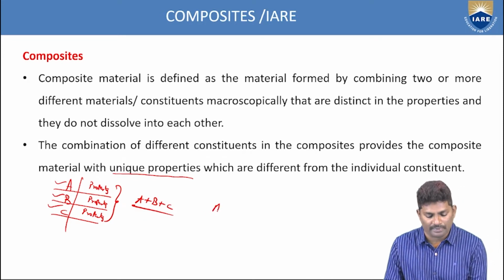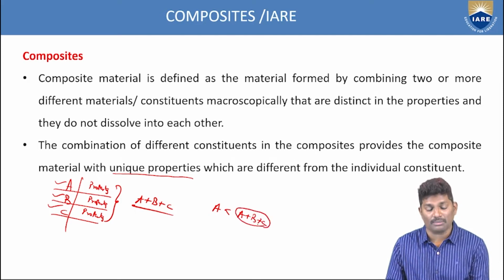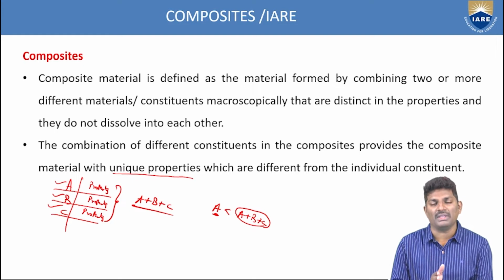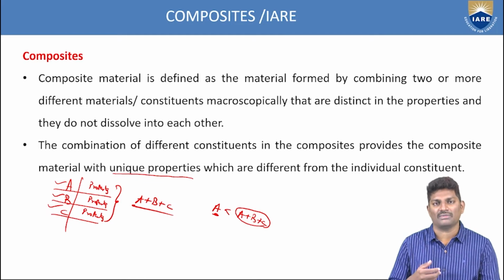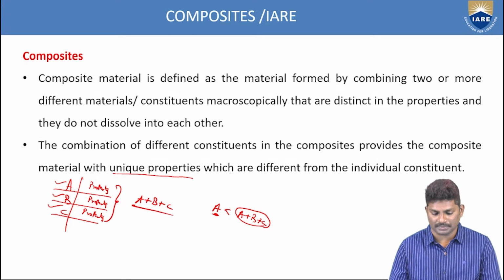So A will have less than A plus B plus C. That is the difference you have to identify between a single individual constituent material and the combined material. Like this, a composite material is defined. This combination of materials gives an enhancement in properties, which is the uniqueness in material properties when we compare any type of material with composite materials.